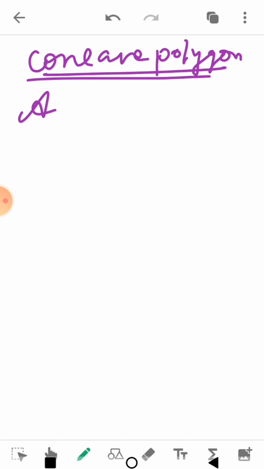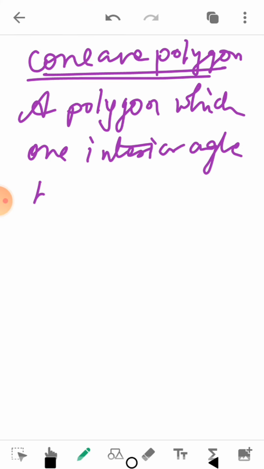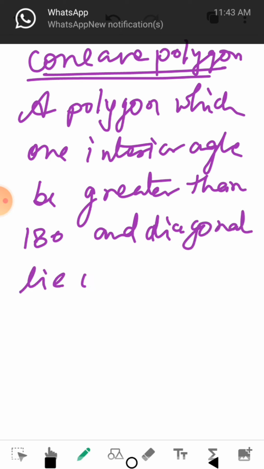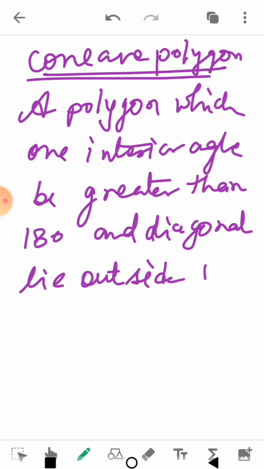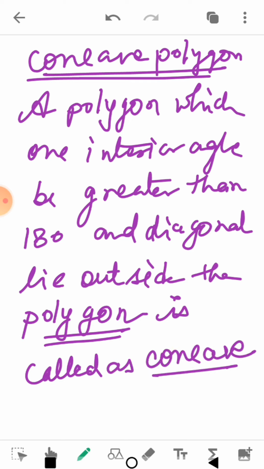A polygon in which one interior angle is greater than 180 and diagonals lie outside the polygon is called a concave polygon.